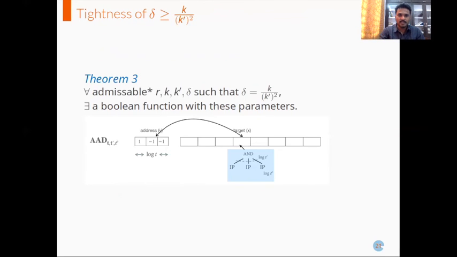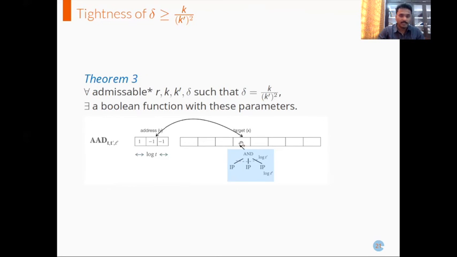And similarly, we want to show that given any R, K prime and delta, we want to construct a function such that delta is equal to k by k prime square. Again, we do this by taking the addressing function and modifying it. But this time, each target bit is replaced by this gadget.